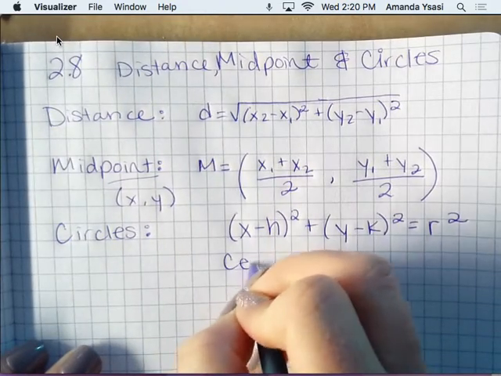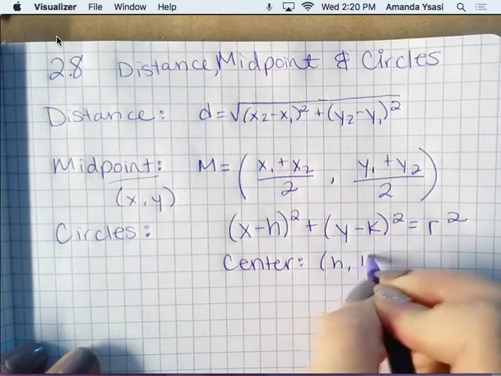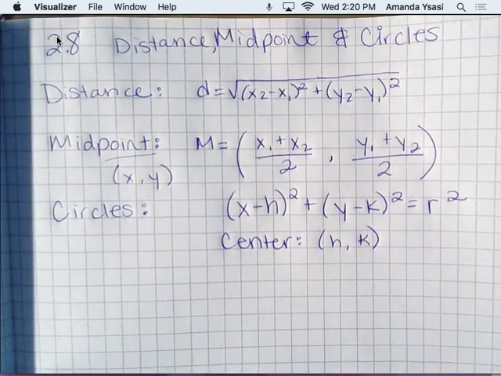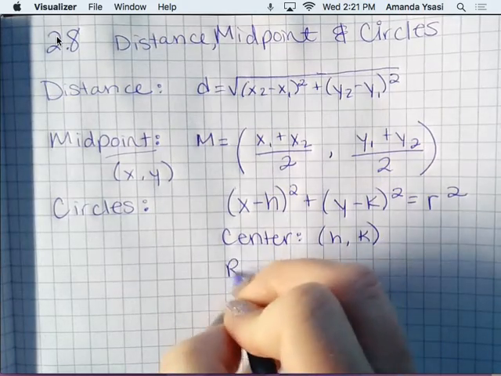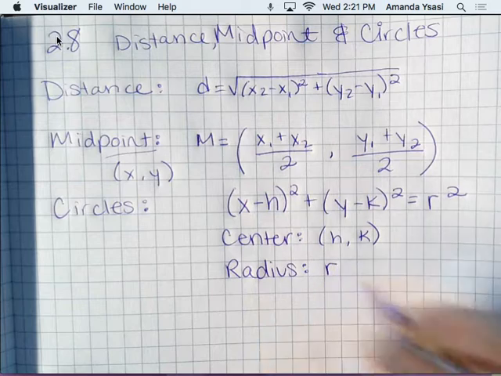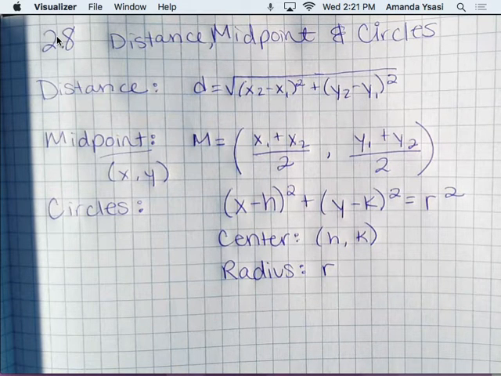And the center of the circle is the point h, k, and the radius is r. Okay, so those are just the formulas you need.